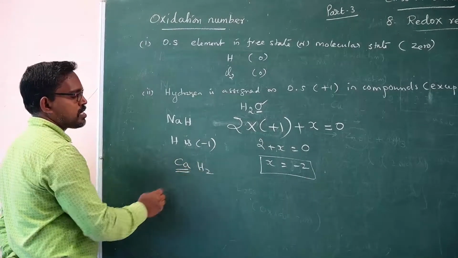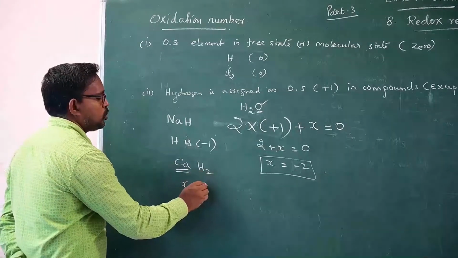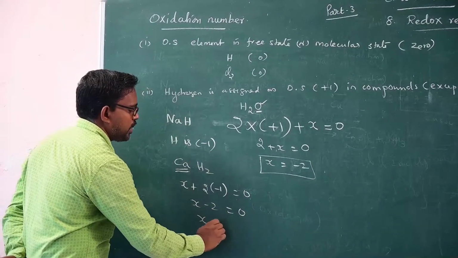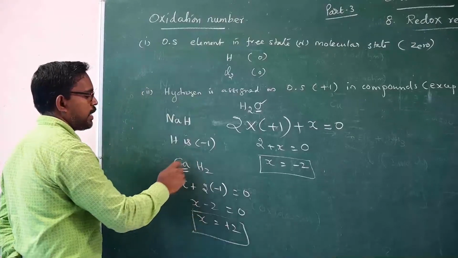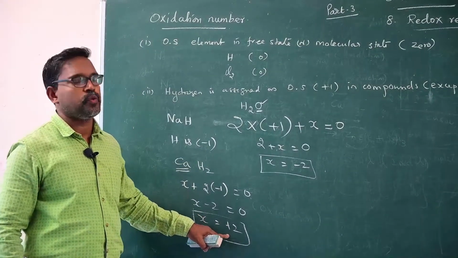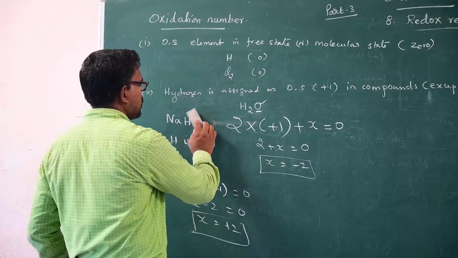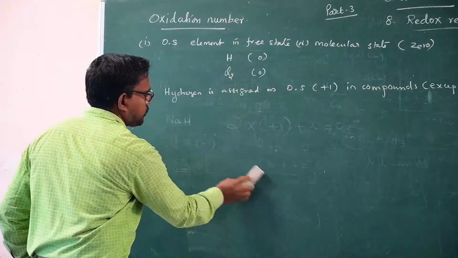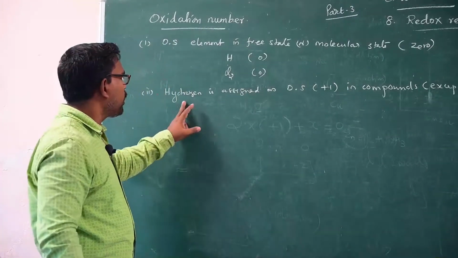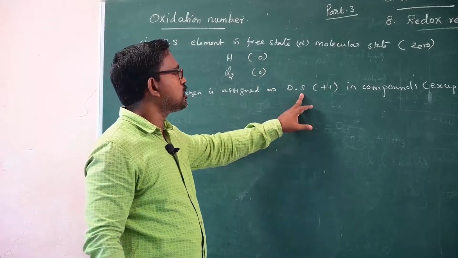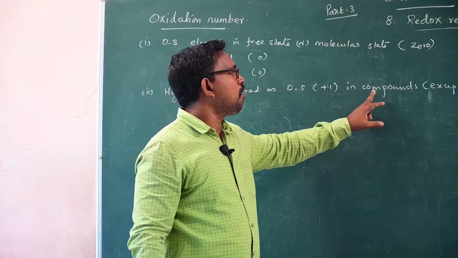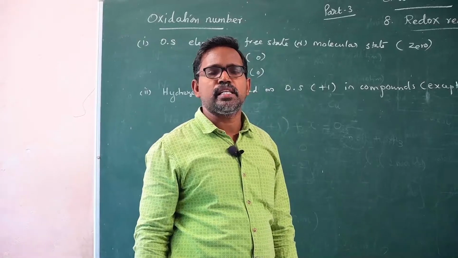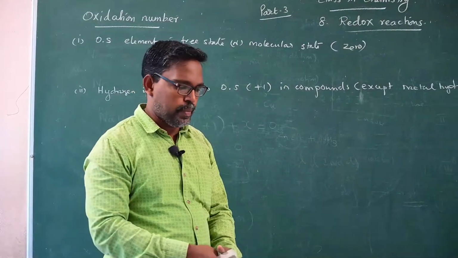You find out the oxidation state of calcium, that is x. x + 2 into -1 = 0, x - 2 = 0, x = +2. The oxidation state of calcium in calcium hydride is +2. So in conclusion of the second point, hydrogen is assigned an oxidation state of +1 in all compounds except metal hydrides. In metal hydrides, hydrogen is assigned an oxidation state of -1.